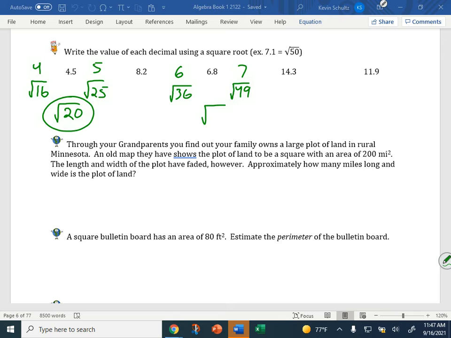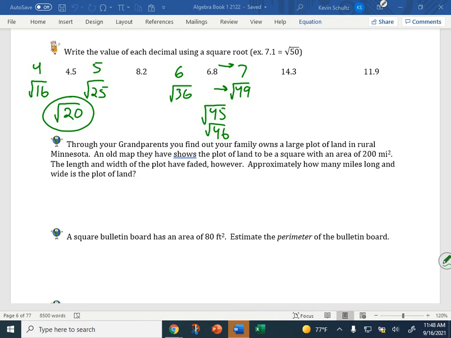So if 6 is equivalent to the root of 36 and 7 is equivalent to the root of 49, 6.8 is closer to 7, so we know it's going to be close to 49. What would you think? Sure, root of 45. Okay, root of 46, root of 44, right? It's working backwards from what we did.